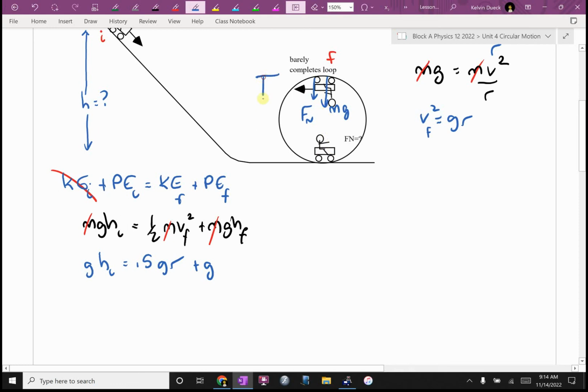In terms of R, what's the height? How far from here to here? Do you see it? The height of this roller coaster is twice its radius. Fair enough? So instead of writing h right here, I'm going to put in 2R.